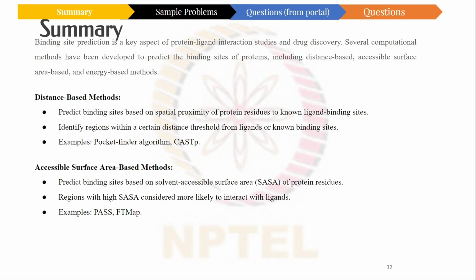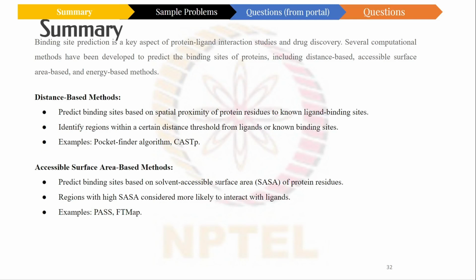Starting with the distance-based methods: they predict the binding sites based on the spatial proximity of protein residues to known ligand binding sites or molecules. These methods identify a region on the protein surface that is within a certain distance threshold from a ligand or a binding partner. We have algorithms like the pocket finder algorithm, CASP, to predict this.